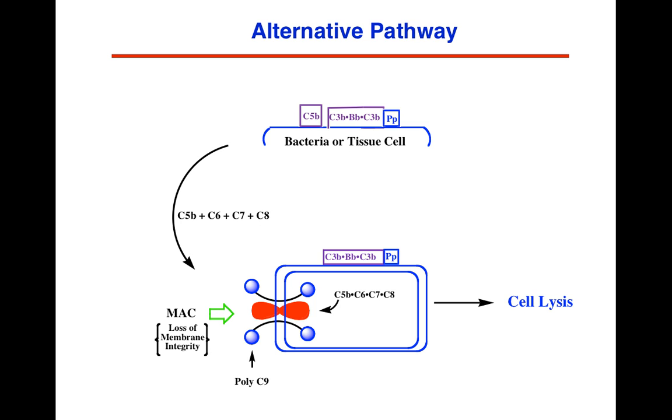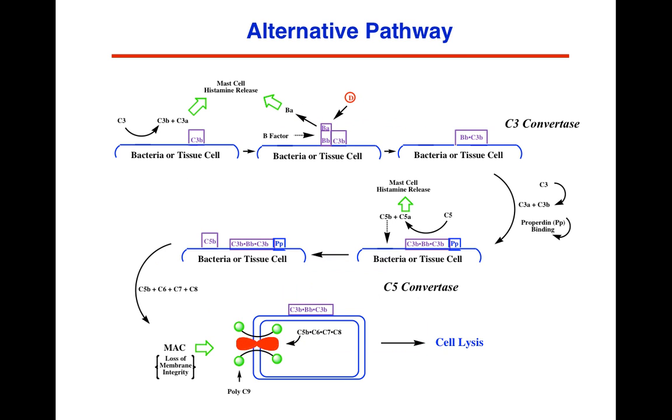So you've seen this all before. This is pretty much the same. So when you're looking at these two mechanisms, what you want to do is look at what's the same, and then just map out what the differences are. And the differences are in just the initial activation getting to C3 convertase.